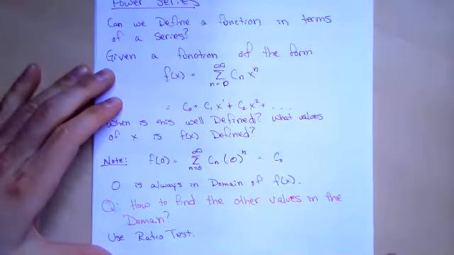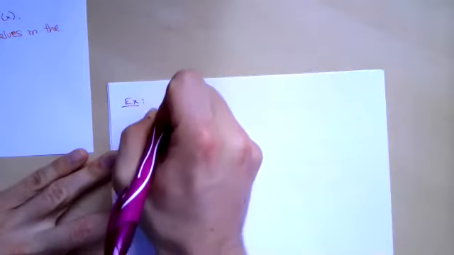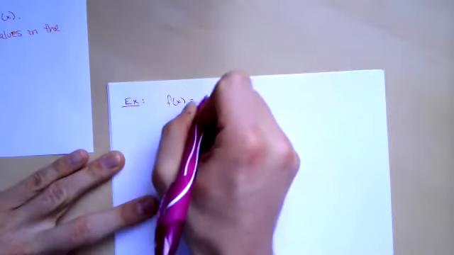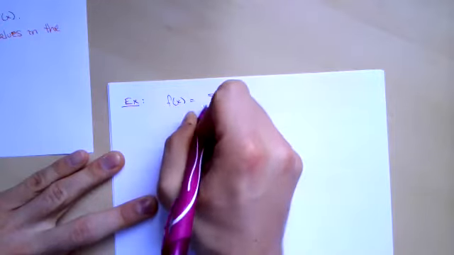Let's start off with an example. Let's just say I have a function and I'm defining it by n x to the n.